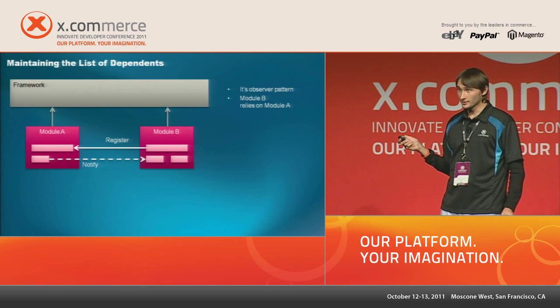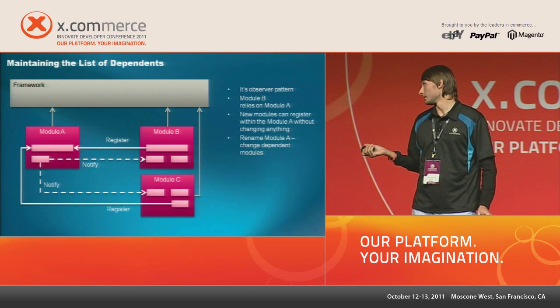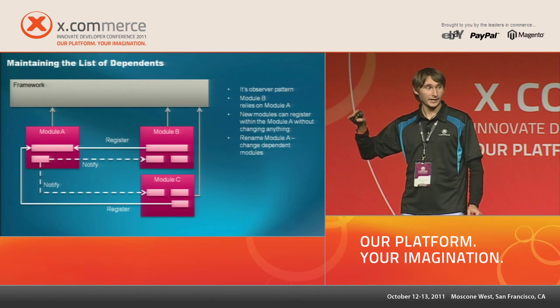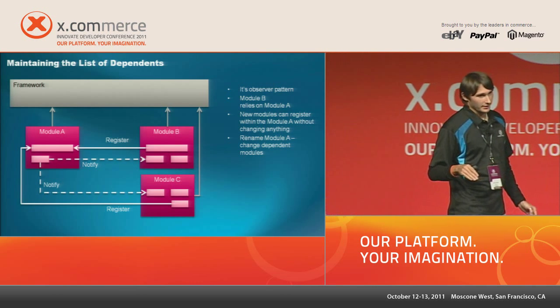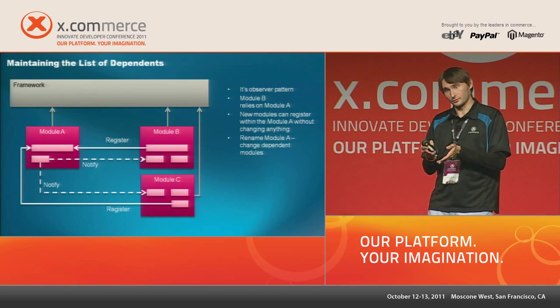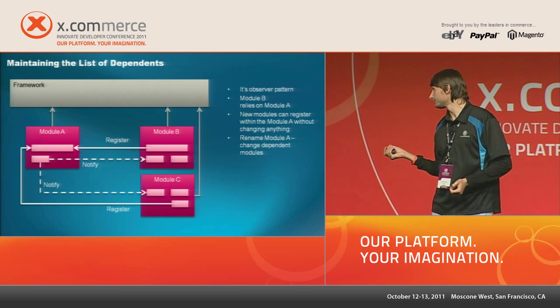In such a case, we achieved one important thing: once this integration point is introduced, any number of modules can be easily integrated into existing points of integration. We can add any number of modules.